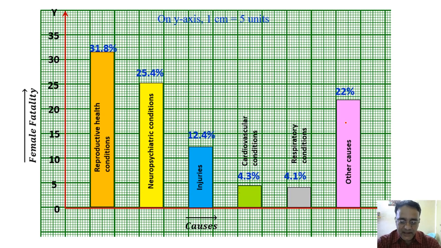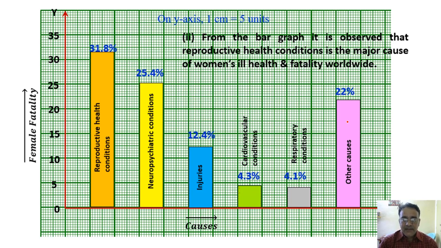Okay, and in this the question is asked: which condition is the major cause of women's ill health and death worldwide? The first one, reproductive health conditions. Okay, so this is the answer.